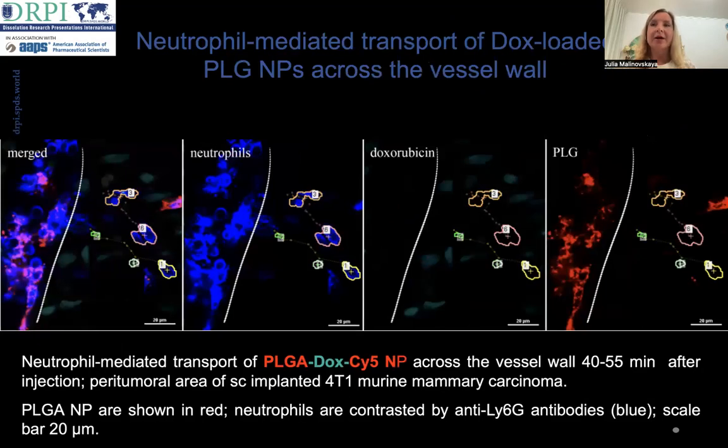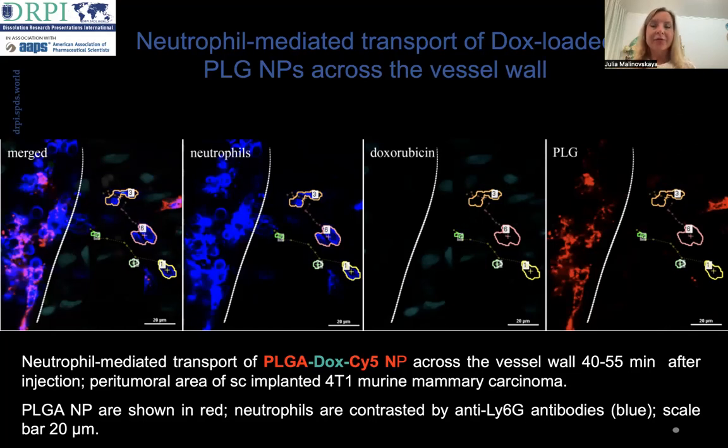The unspecific adsorption of the nanoparticles to the blood cells, red blood cells in particular, is replaced by their redistribution to the immune cells that are able to capture nanoparticles and mediate their trafficking across the vessel wall to the tumor site.